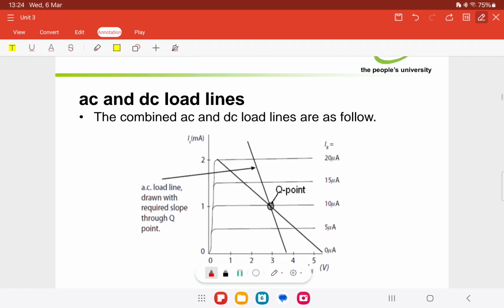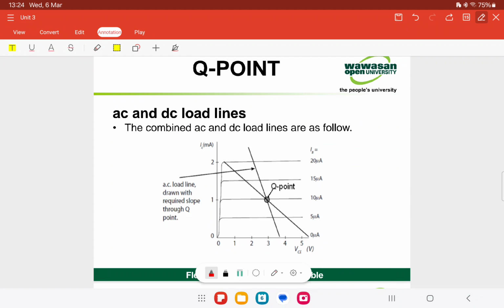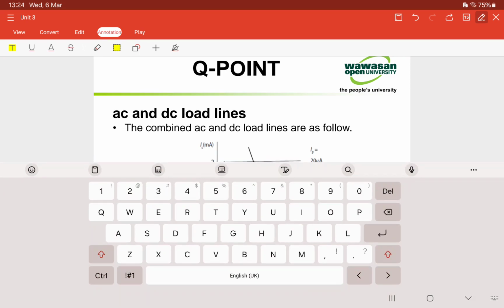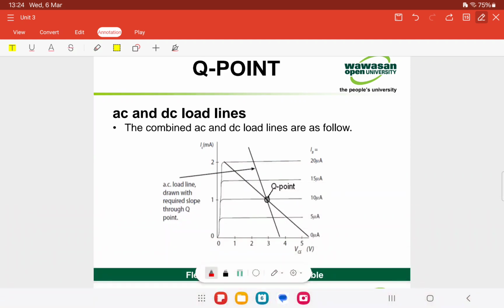What is the Q sign? Quiescent point, or Q point. The Q point of various classes of power amplifier is drawn on the DC load line. For example here, this is the AC and DC load line.